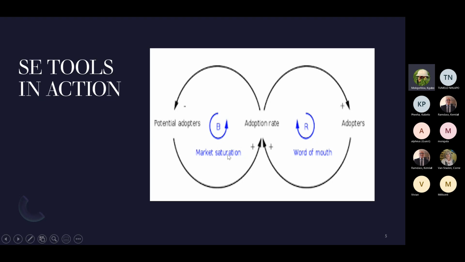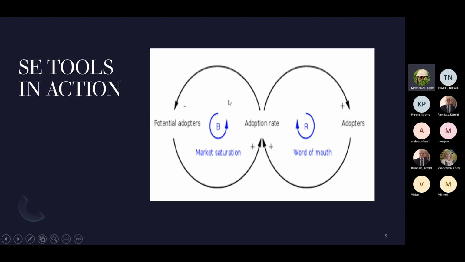So this side is balancing, this side is reinforcing, because as the adoption rate increases due to the word of mouth or advertising, the number of adopters increases. But as the number of adopters increases, it will reduce the potential adopters from that pool of 1 million, for example, to 900,000 if you have 100,000 people who have adopted.